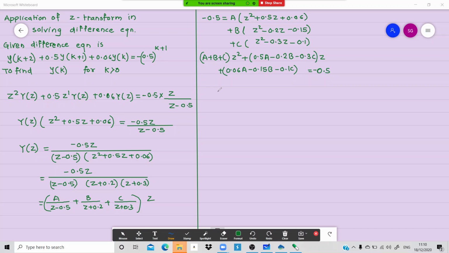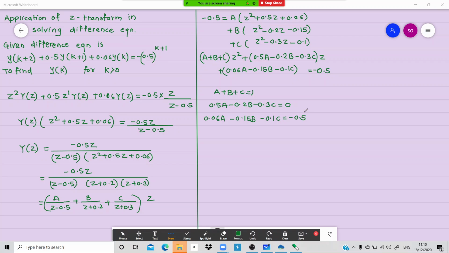So you will have three equations: A plus B plus C is equal to 1, 0.5 A minus 0.2 B minus 0.3 C is equal to 0, and 0.06 A minus 0.15 B minus 0.1 C is equal to minus 0.5.